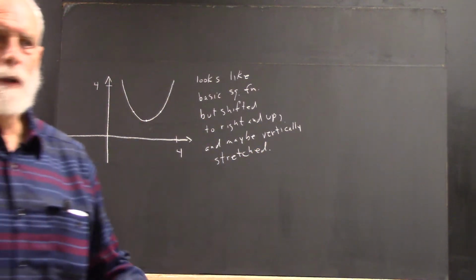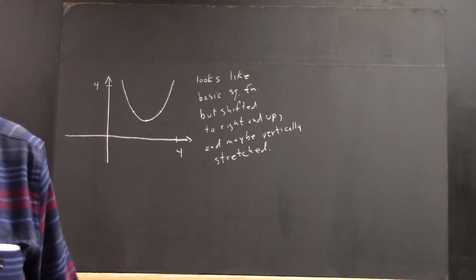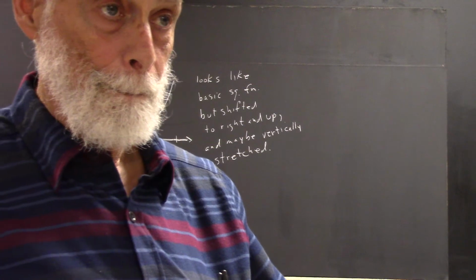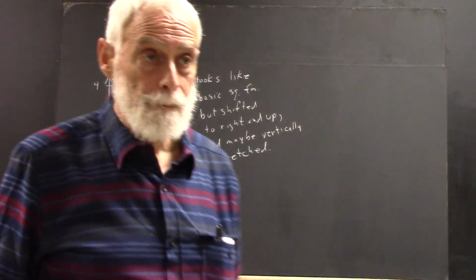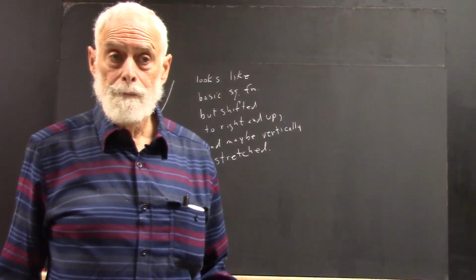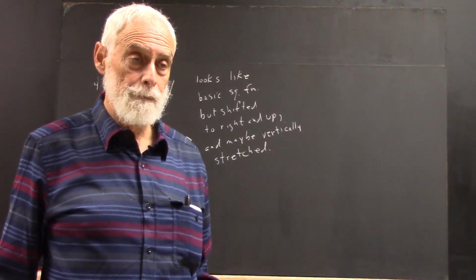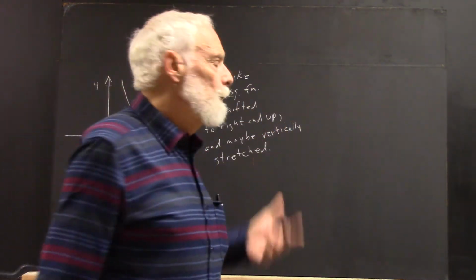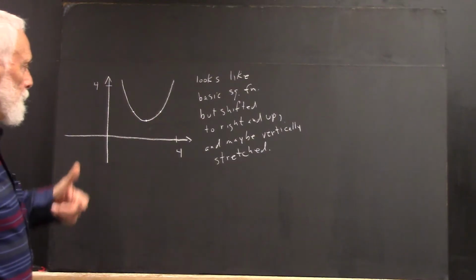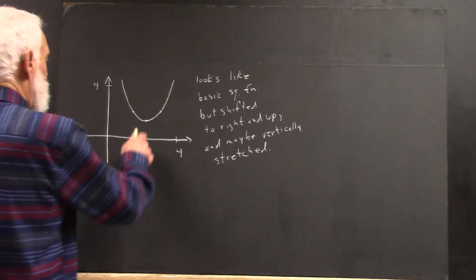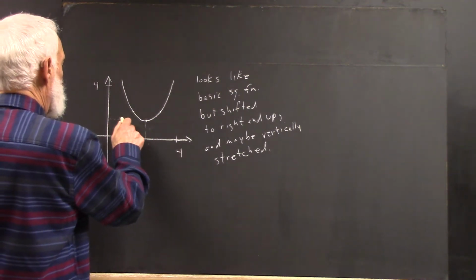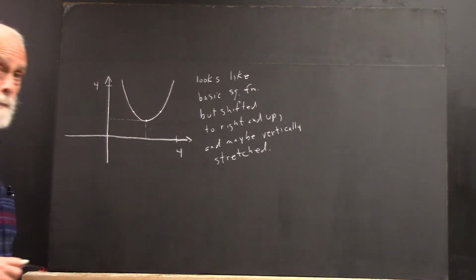Now, what kind of relabeling do you do on the basic squaring function if you want to shift it to the right? Going to subtract what? Same way to shift it to, well, okay, let's see. How far to the right does this thing appear to be shifted? Well, the vertex appears to be here, so it appears to be shifted this far to the right and this far up, right?